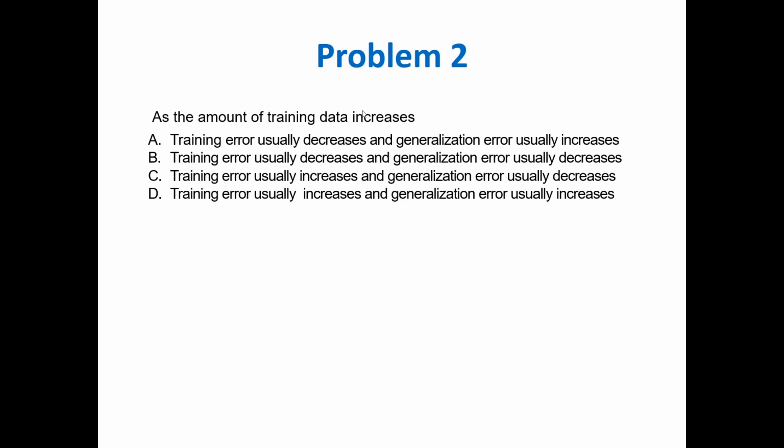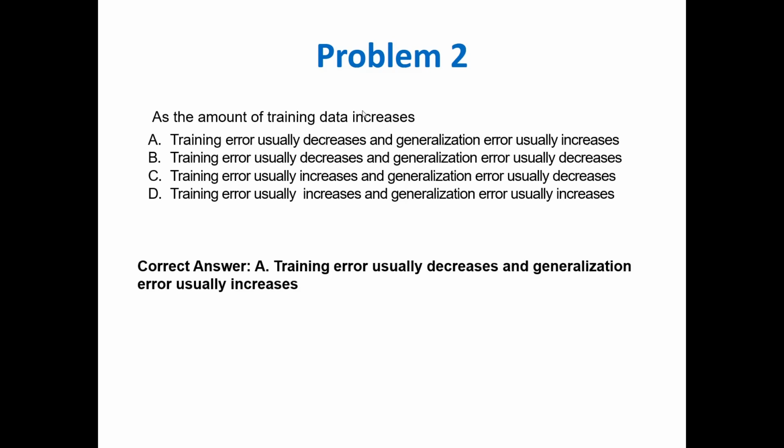Generally we start with 70-30. If we have 100 samples, then 70 we keep for training and 30 we reserve for testing. So if we have limited data, then it may be difficult for us to train the algorithm as well as to test the algorithm. What should be the option?